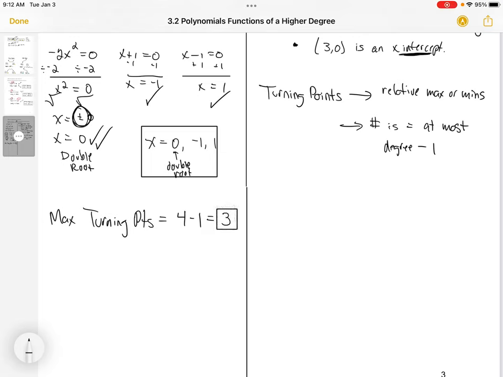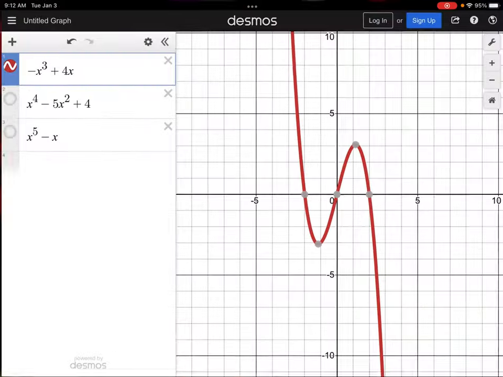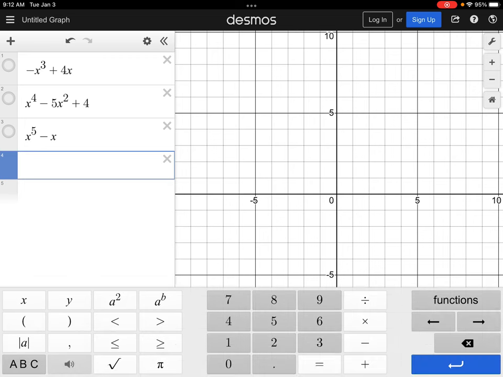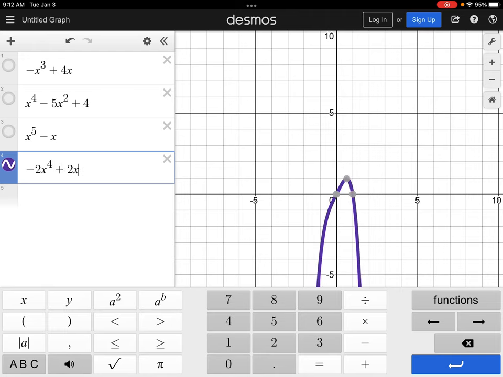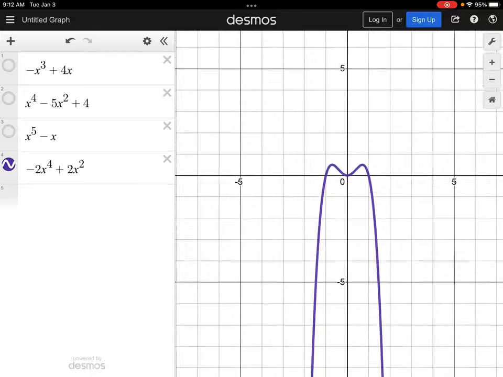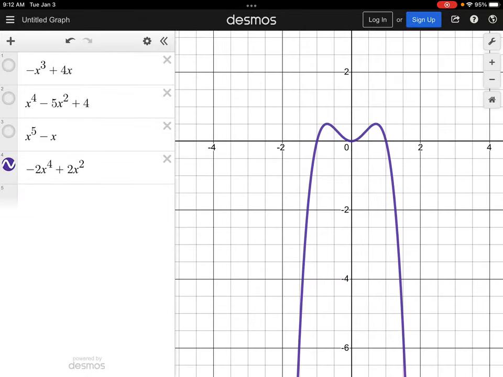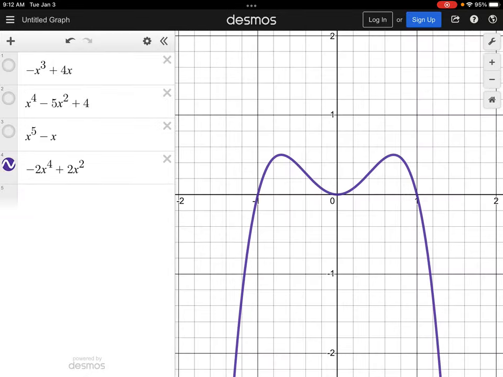And if we were to actually graph this, let's see what we get here. I'm in Desmos right now. It is a very handy tool. We can zoom in, and you can see that we got 3 bumps. The graph on the left is increasing, and then it's decreasing.